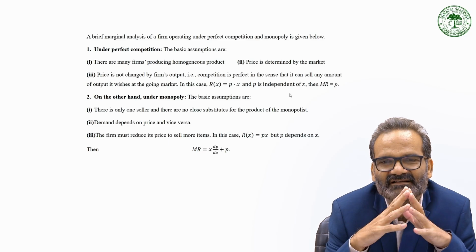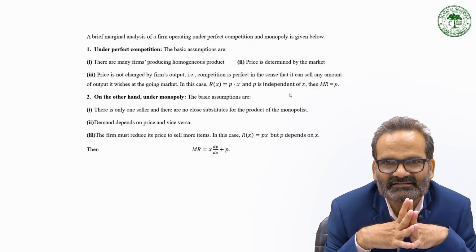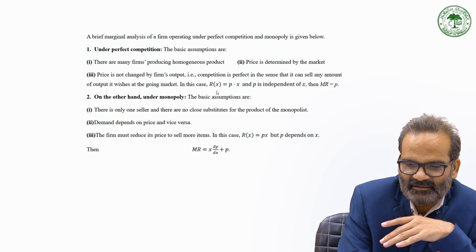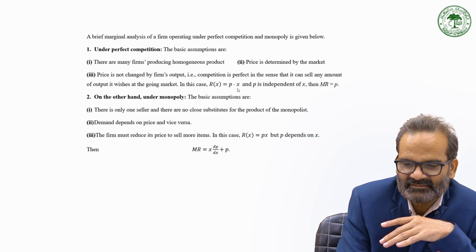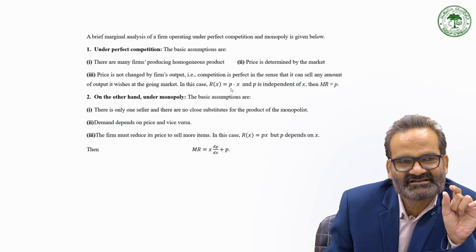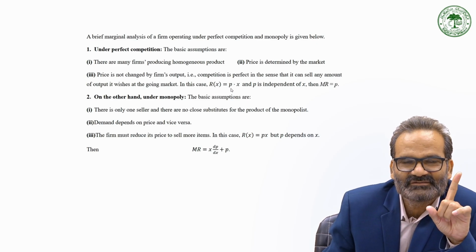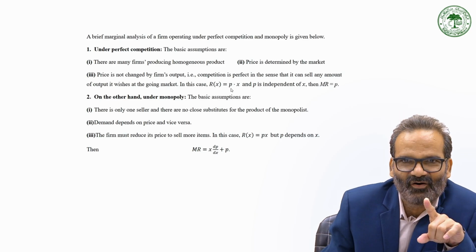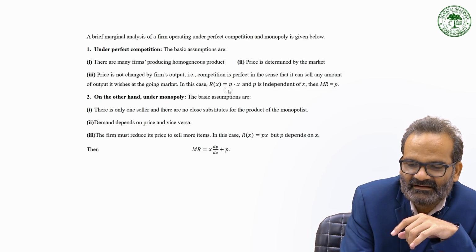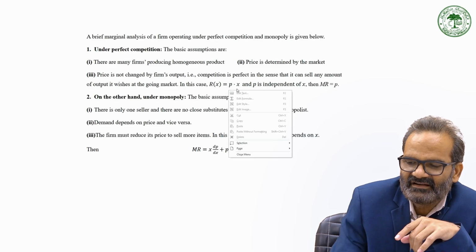So if P is completely independent of X, it means what? When we find its derivative, look at this. If P is completely independent of X, P should be treated as a constant, not a variable, because P is independent of X. X is a variable. So P should be treated as a constant. So if P is a constant, then its derivative will be what?